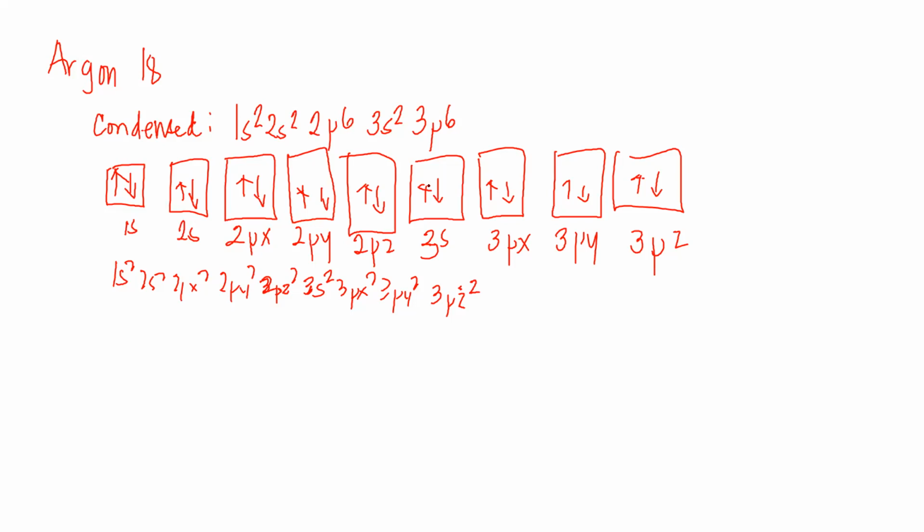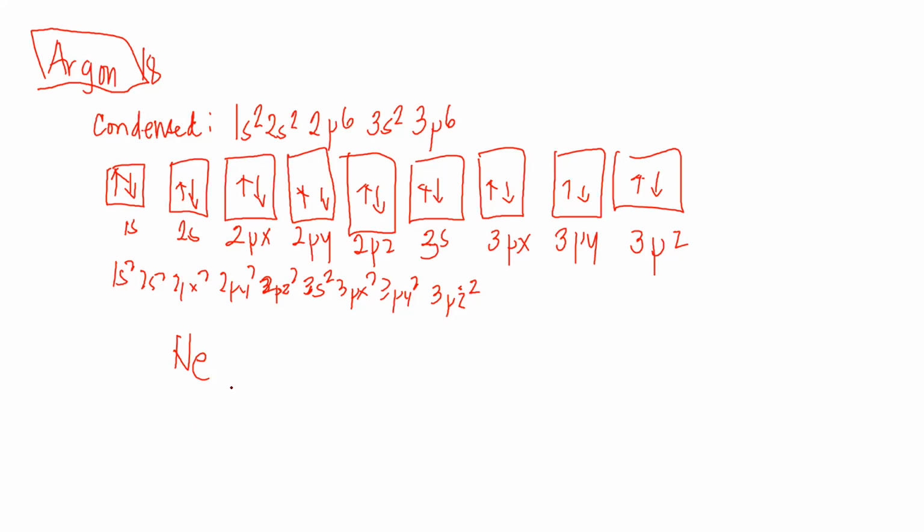Now, how are we going to give the Noble Gas Notation? The first thing to remember in Noble Gas Notation is to take note of the nearest noble gas to our element. In this case, if you take a look at your periodic table, the nearest noble gas is neon, Ne.